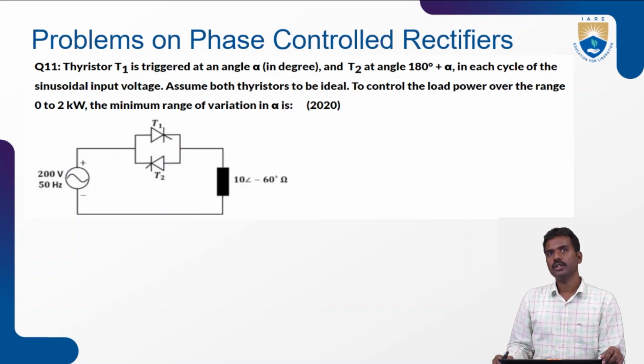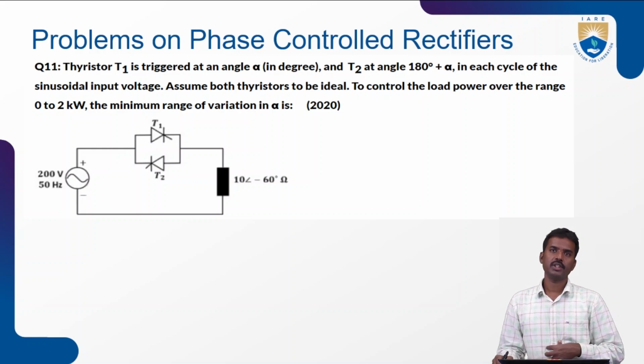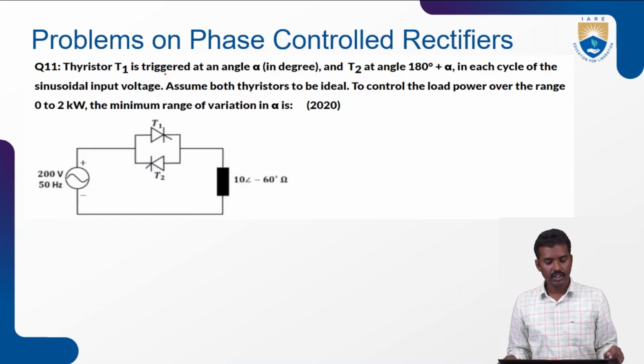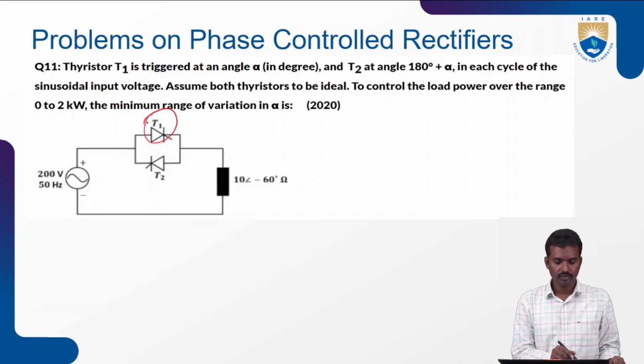This is again a voltage controlled rectifier, and now here thyristor T1 is triggered at alpha and T2 is triggered at 180 degrees plus alpha.